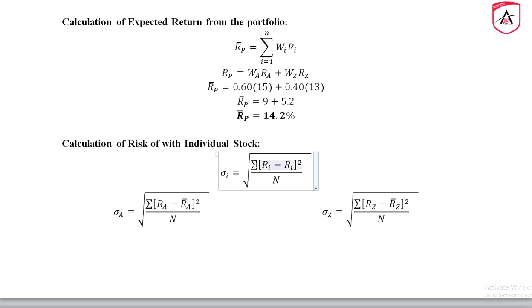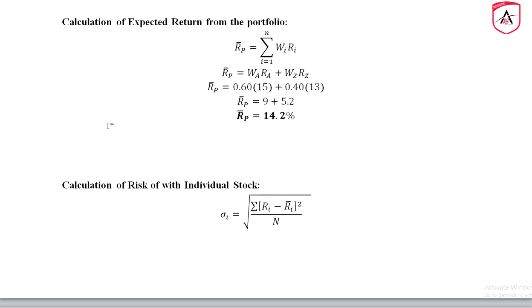Since the stock investment is being done for 2 years, we can expand this, right? Ri means return on investment, R bar i means mean return of stock i. Similarly, for security A, we are going to write it as standard deviation A, and for security Z, standard deviation Z.